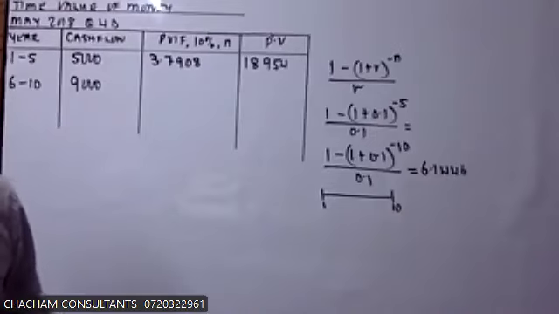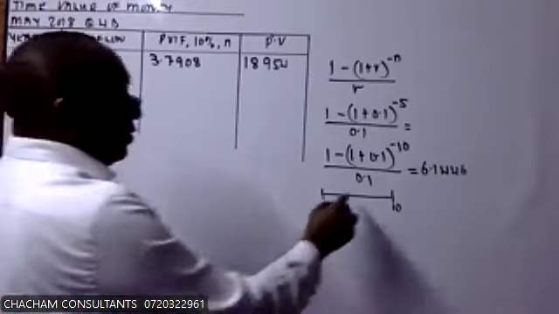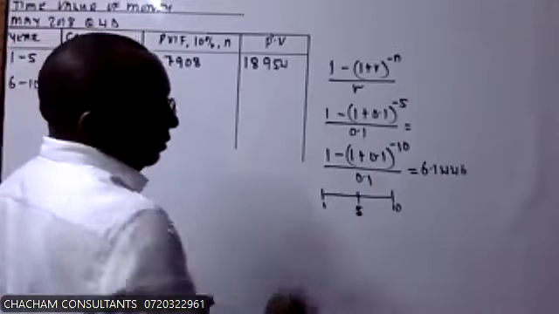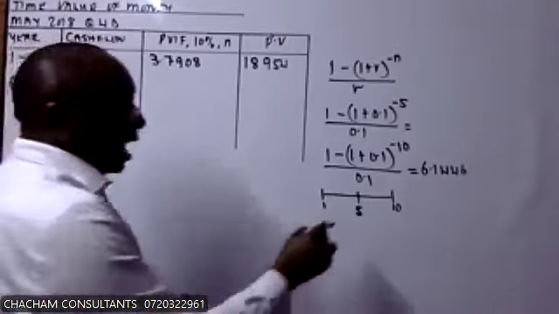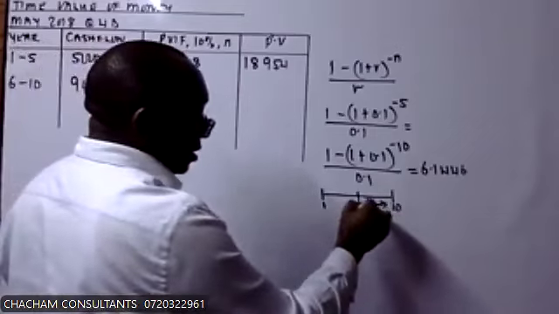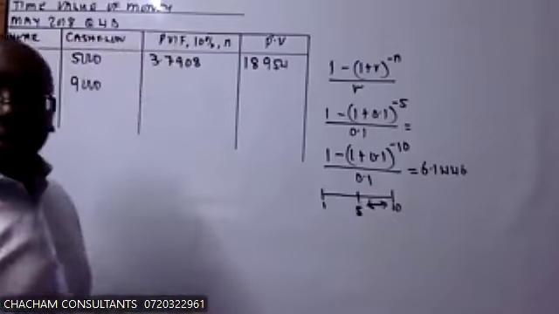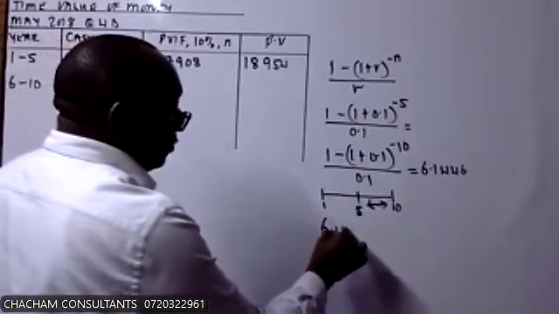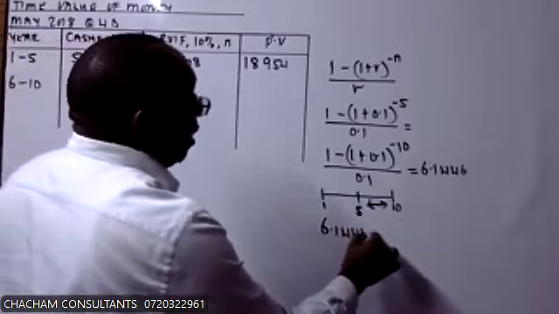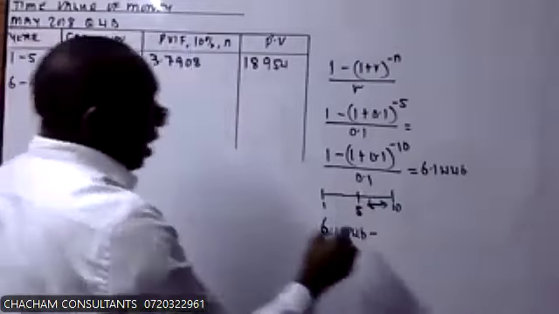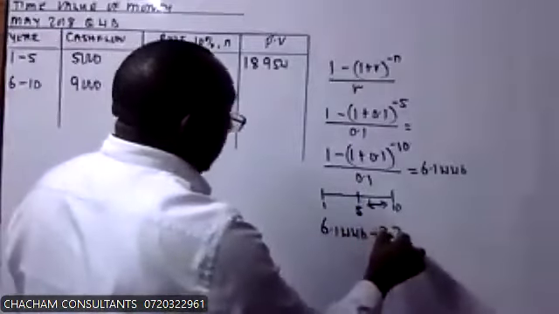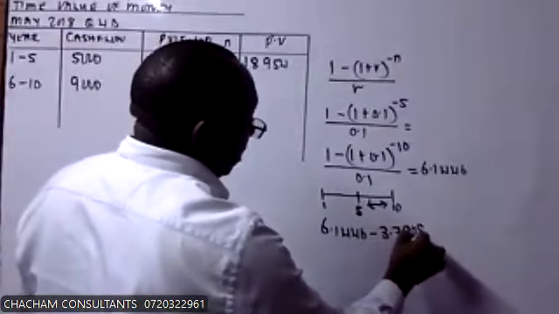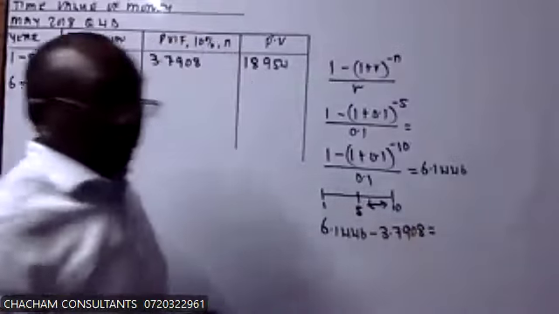But you can see already we have done the one for up to year 5. So to get the gap that is remaining here, you will take this 6.1446 and less this one that you already have factored, 3.7908. That is what I told you should do.